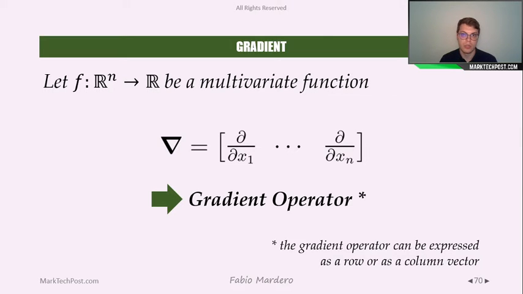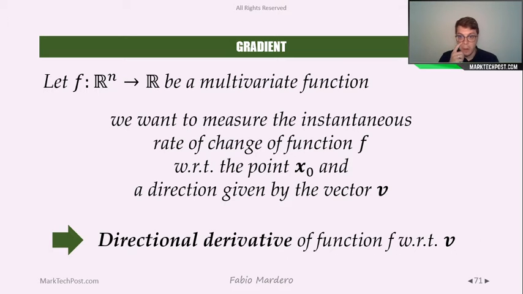In fact, usually in physics we use the gradient as a column vector. So we want to measure the instantaneous rate of change of a function with respect to the point x0 and the direction given by a vector v.